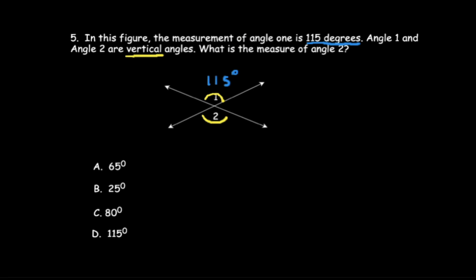We know that vertical angles are directly opposite each other, but we also know that vertical angles are congruent, meaning they share the same measure. So that means that angle 2 is equal to 115 degrees, okay? So answer choice D is the correct answer choice. Let's move on to number 6.